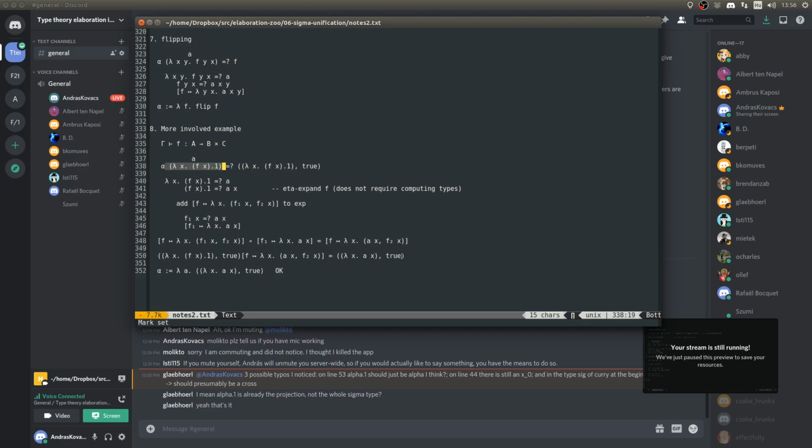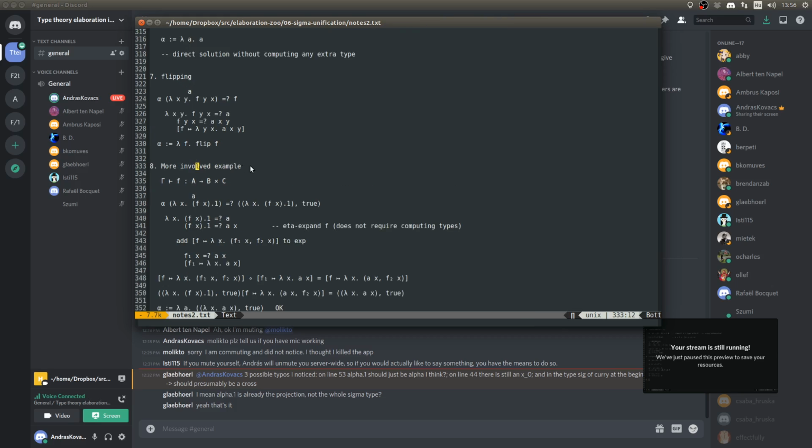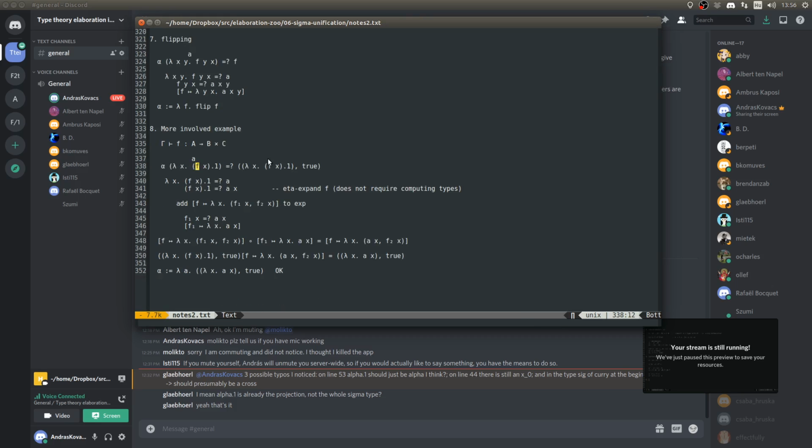And the reason that it's so efficient and so powerful compared to the previous problems is because the usual unification already handles the eta for sigma and pi efficiently, and also in a purely syntax directed way.